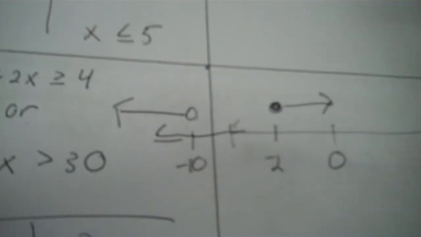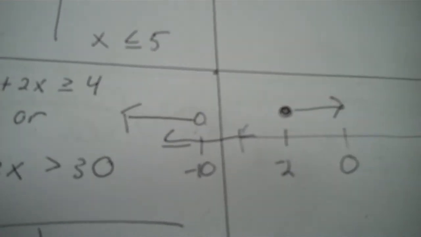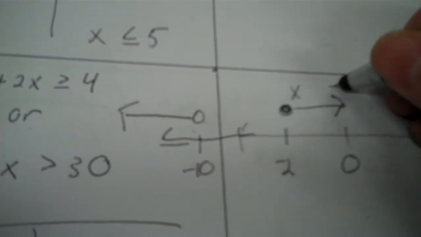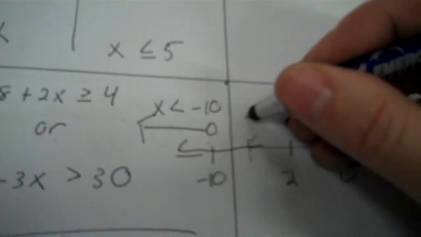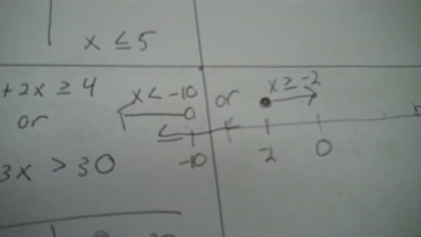When they're separate like that, x greater than negative 2, put the greater than symbol. This is going less than, so x less than negative 10, put the less than symbol. You can put the word or between, I'm not going to require that.